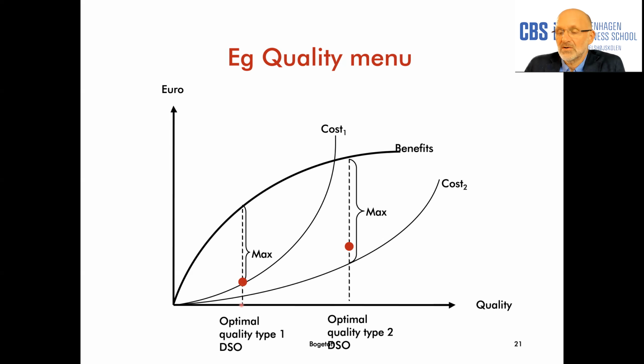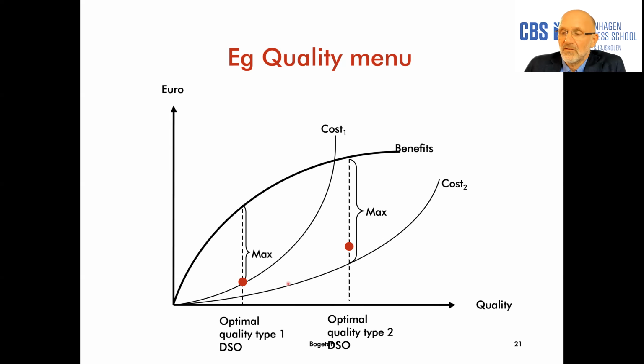The contract will say that if you provide this quality, then you'll be paid this amount of euro. And then you would ideally like to do the same for firm number 2 here, but they could just claim that their cost conditions are the same as firm number 1. And if they were to imitate firm number 1 and produce this lower quality level, then they could make a profit of this payment level here minus this cost level here.